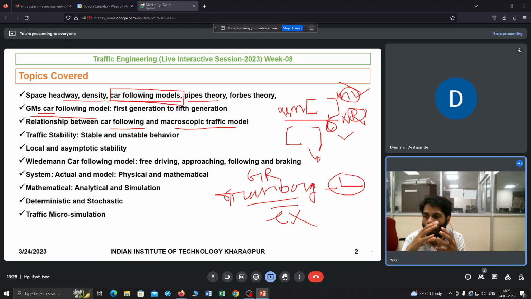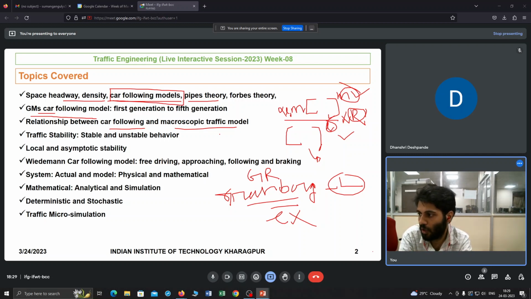And also in an aggregated way, the speed density relationship, the fundamental relationship. This is one of the reasons why the General Motors model is still famous, because it beautifully describes the relationship between microscopic and macroscopic traffic parameters.